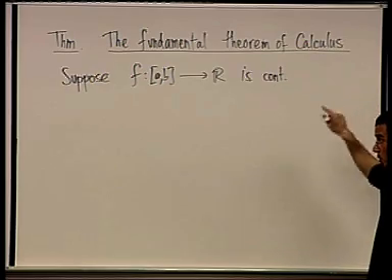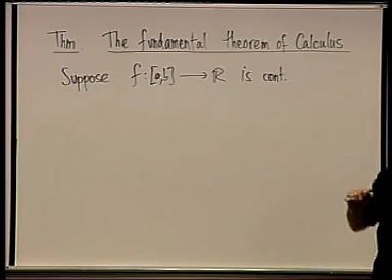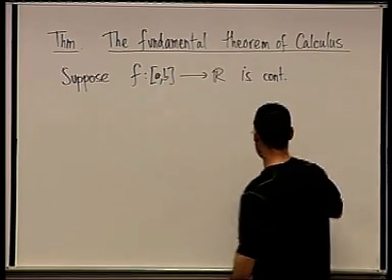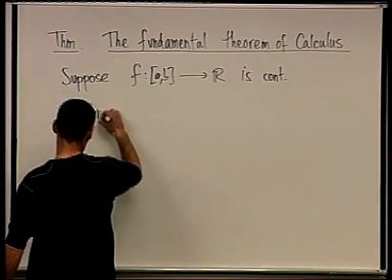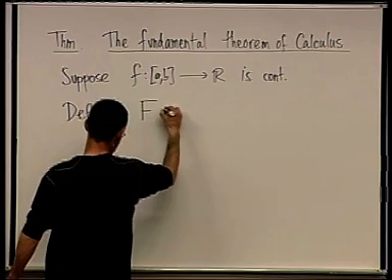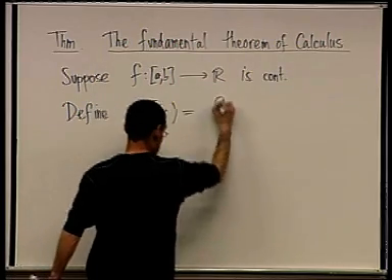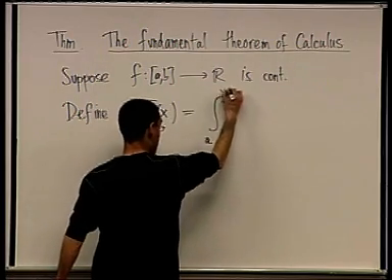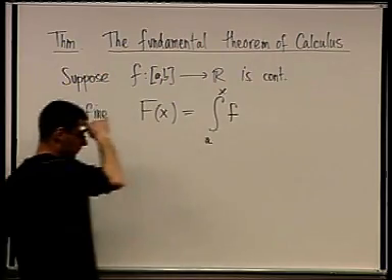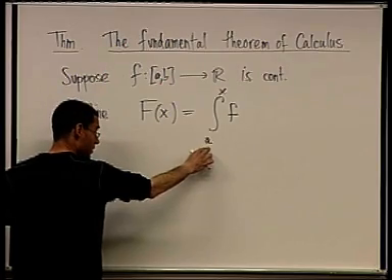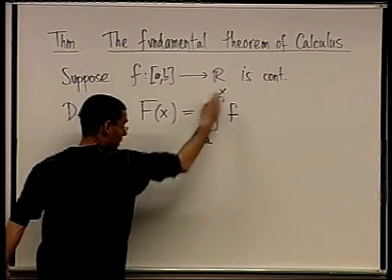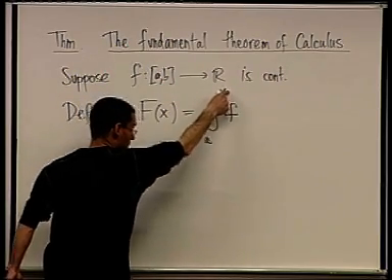I'm actually assuming little f is continuous. Define, as before, big F to be the integral from a to x of little f. So little f is fixed, a is fixed. The only variable in this situation is what little x is.